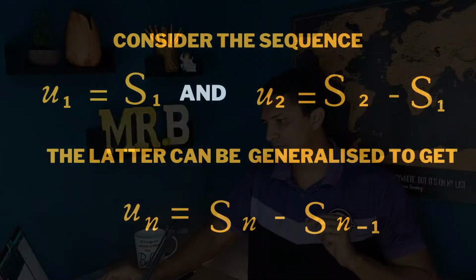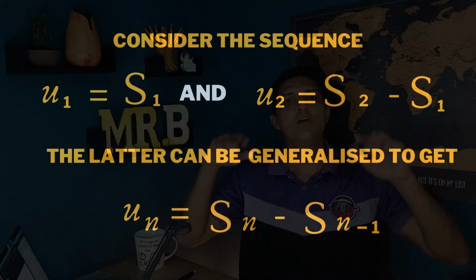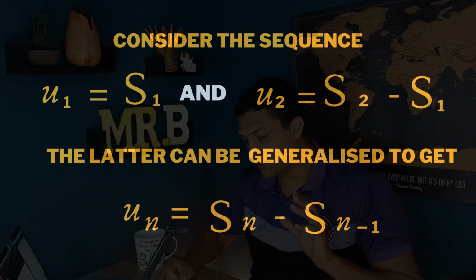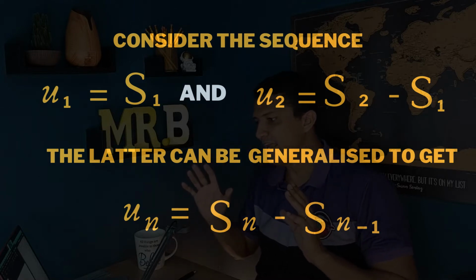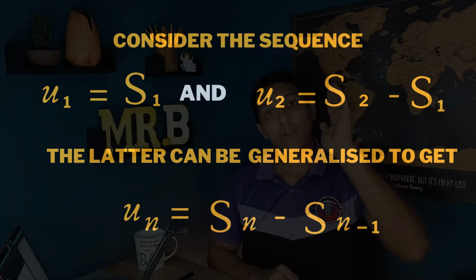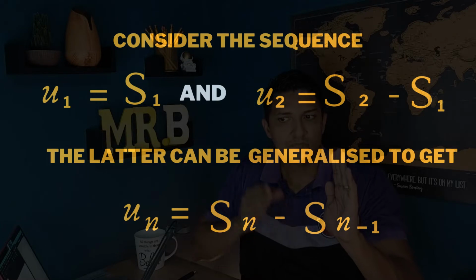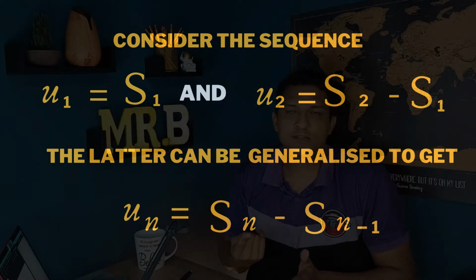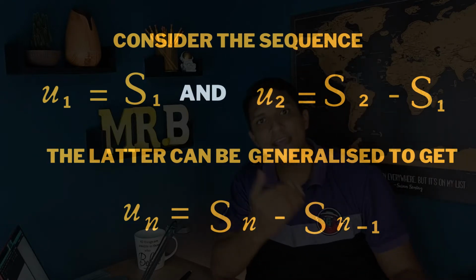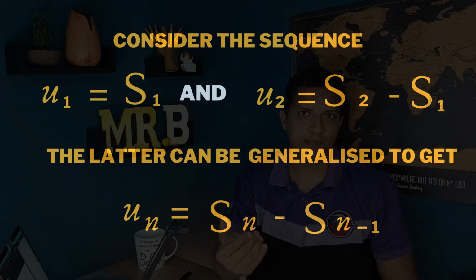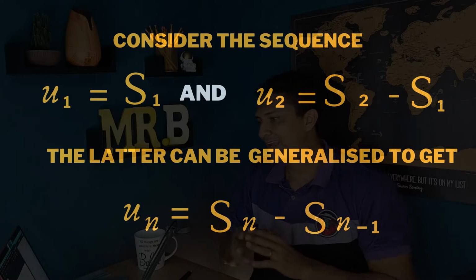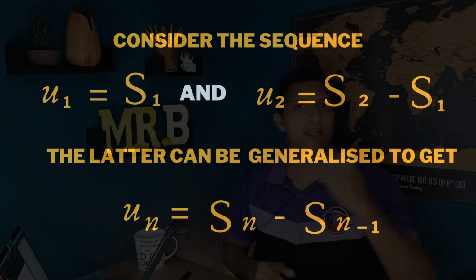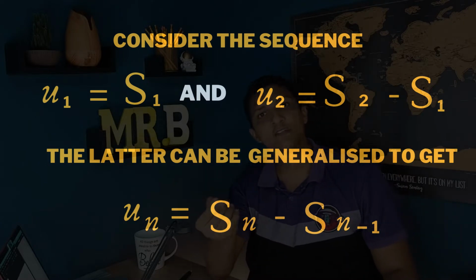Something else that I'm going to be adding is two other concepts. Basically the idea is that the first term is equal to the sum of the first term. In other words, u1 equals s1. The second thing is that u2 is the same as s2 minus s1.